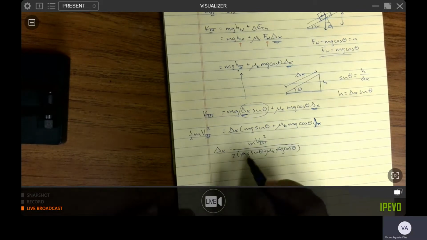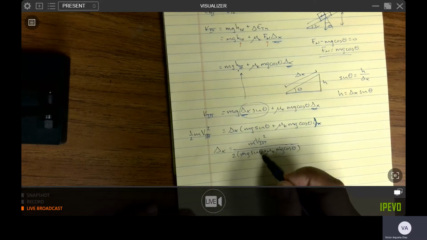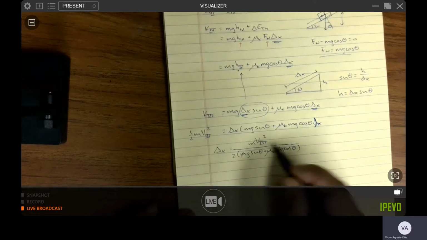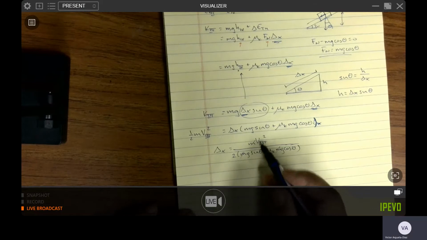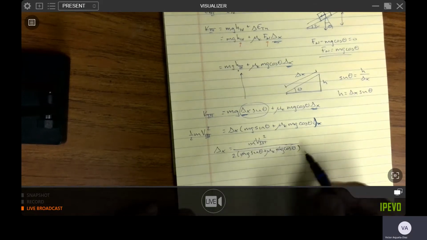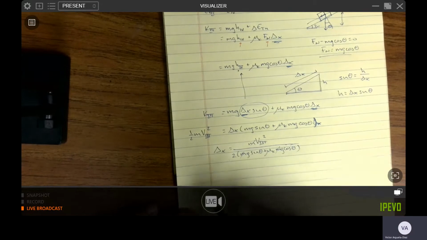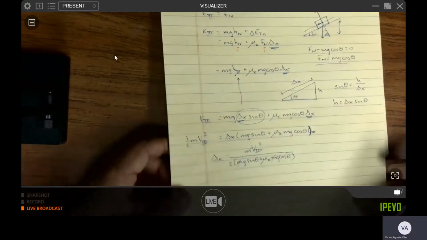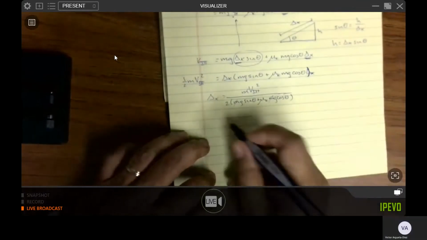Okay, remember you want to cancel numerator and denominator. For example, the m has to be in all components. If you only have the variable m in two of them, but you don't have it in the third one, you cannot cancel. Okay, so we got that, and now we can substitute some values.